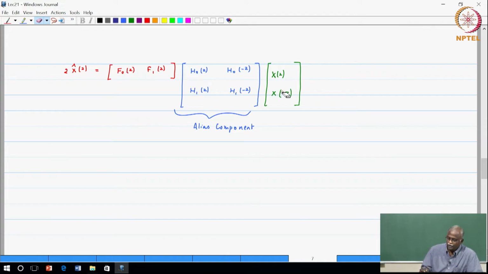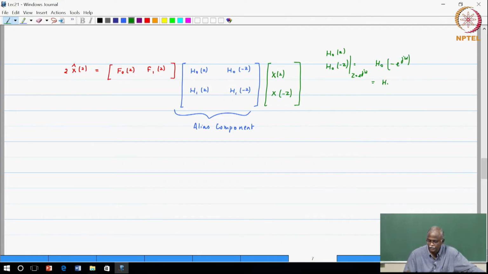Now I just wanted to quickly refresh ourselves: if you talk about H0 of z and H0 of minus z, at z equal to e to the j omega on the unit circle, this becomes H0 of minus e to the j omega.